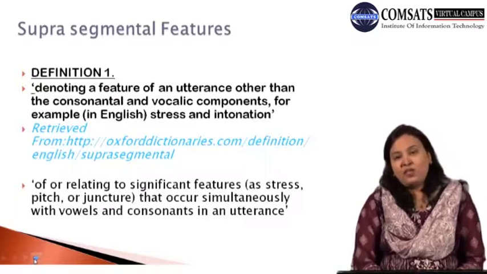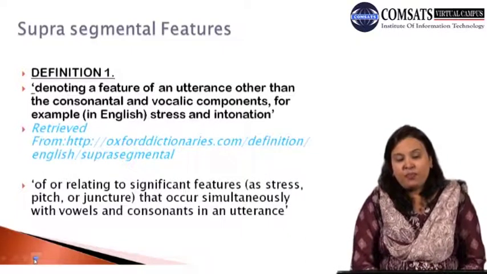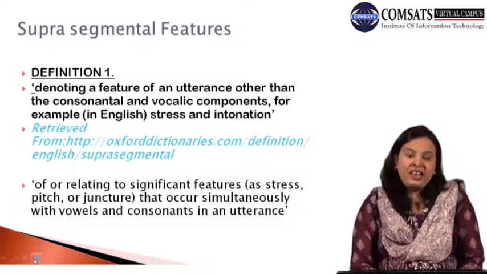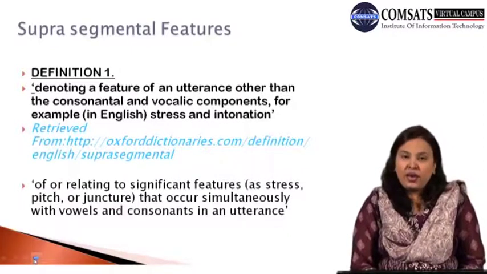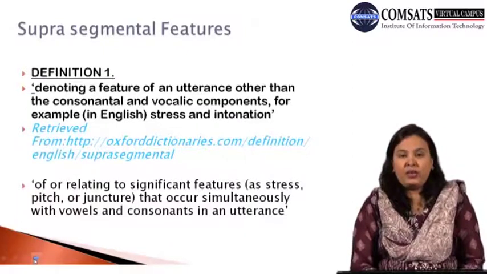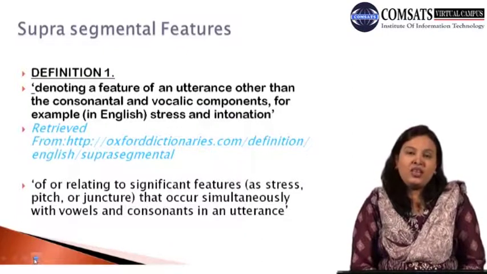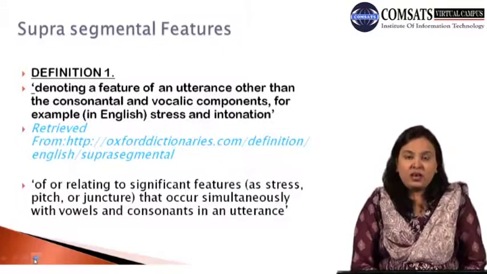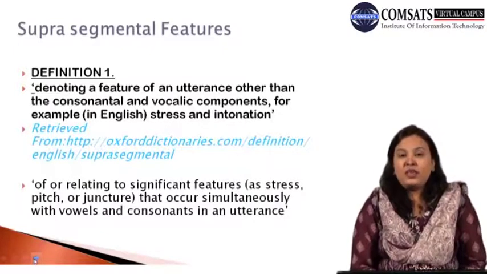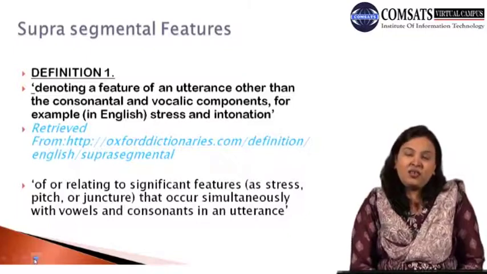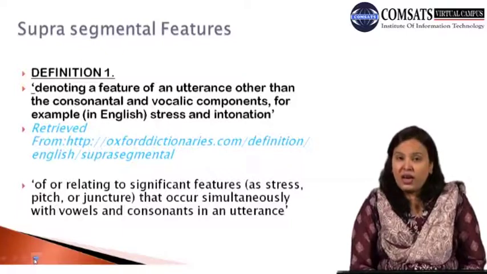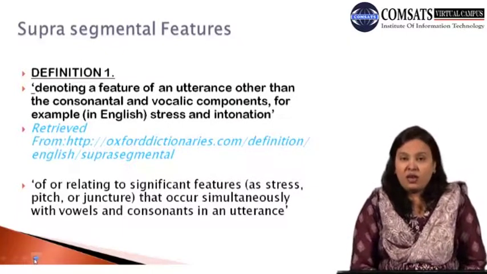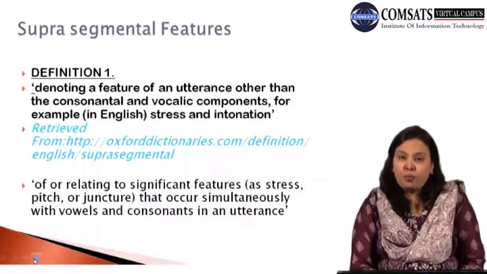What are the suprasegmental features? First definition: the word suprasegmental denotes a feature of an utterance other than the consonantal and vocalic components. In English, there are vowel sounds and consonant sounds, which are the actual speech sounds, but there are certain features which accompany them. These are not vocalic and not consonantal, but suprasegmental.